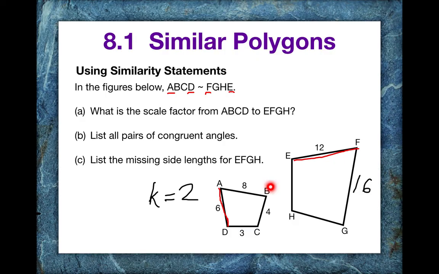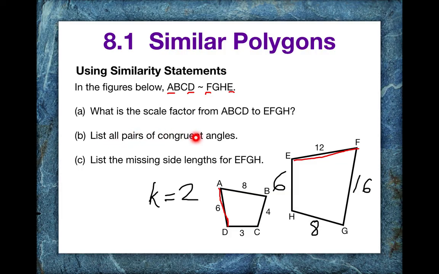BC up here corresponds to GH. So BC is 4, so GH is going to be 8. And the same thing with CD. CD is going to correspond to HE, so I'm going to make that 2 times 3, which is 6. So now I have the missing side lengths for this polygon here.